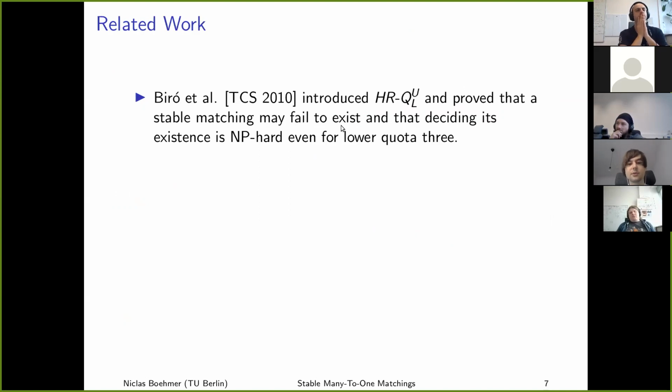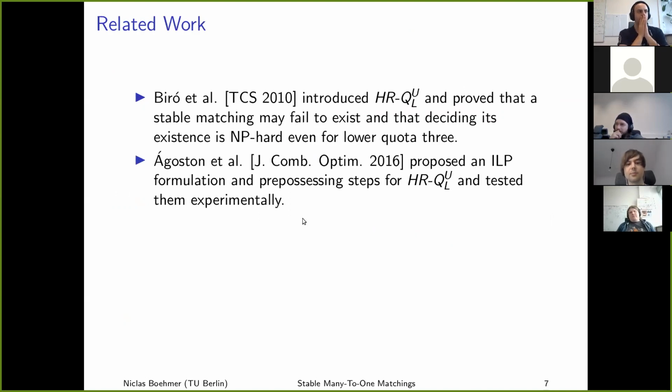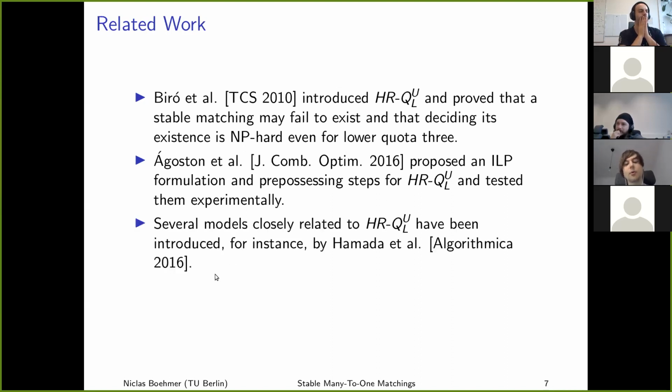After that, there has been some follow-up work, for example a paper by Agoston and others who proposed an ILP formulation of the task of deciding the existence and actually constructing a stable matching in such an instance. They also proposed some pre-processing steps to decide which hospitals to open and which ones to close, and tested them experimentally. Some authors also picked up the idea of lower and upper quotas and applied them in a different way.